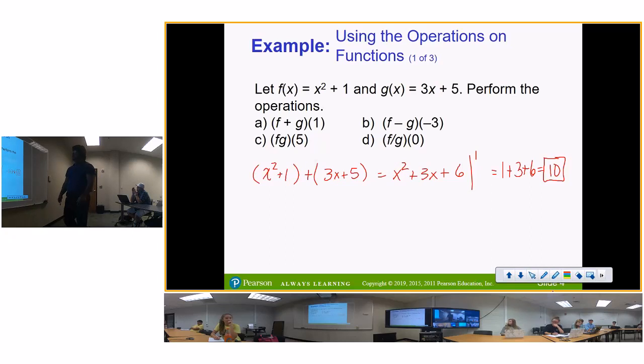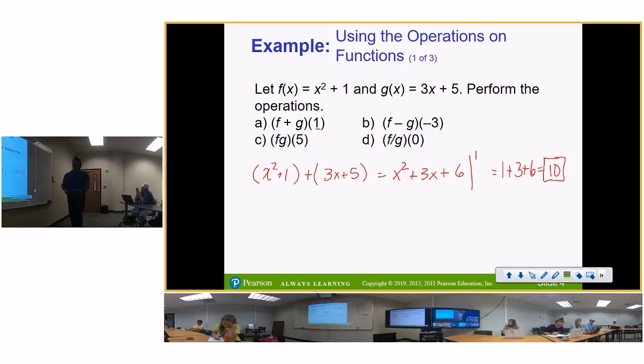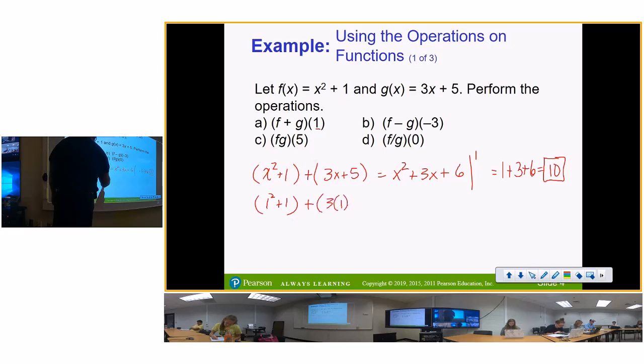What is the evaluate line for? That means I'm going to plug in 1 into this equation right here. Now I'm going to plug in 1, and I'm going to get 1 squared plus 1 plus 3 times 1 plus 5.